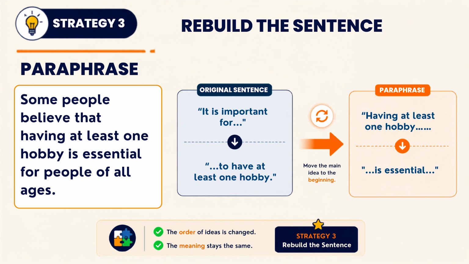Have at least one hobby comes first, and I changed the word important to essential, and I moved it to the end of the sentence. I changed the order of the ideas without changing the original meaning. This is exactly what we mean by strategy number 3, rebuild the sentence.